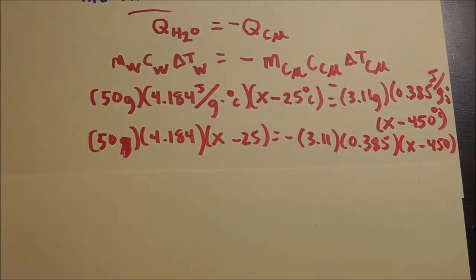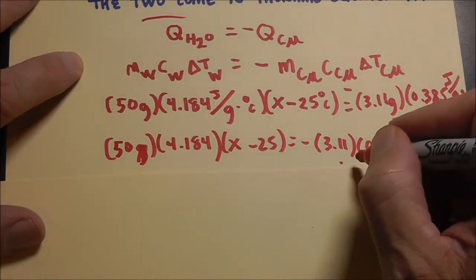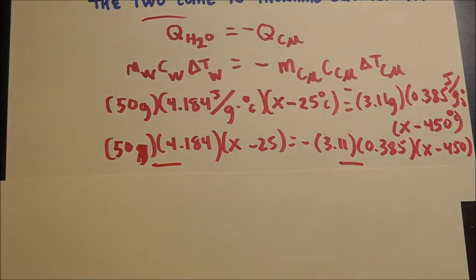Order of operations, let's multiply these two numbers together. And then we can do the whole distribute, right? Times 4, I just used a math term.